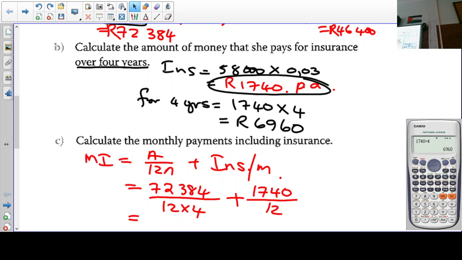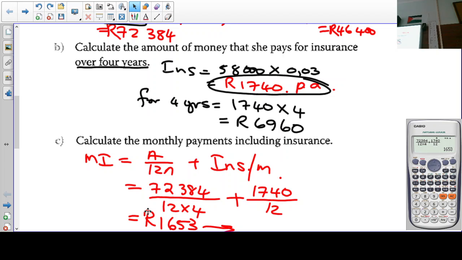And that's going to give us an answer of 72,384 over 48, so 12 times 4, plus 1,740 divided by 12 gives me 1,653 rand. Okay, is that correct? Any issues here?